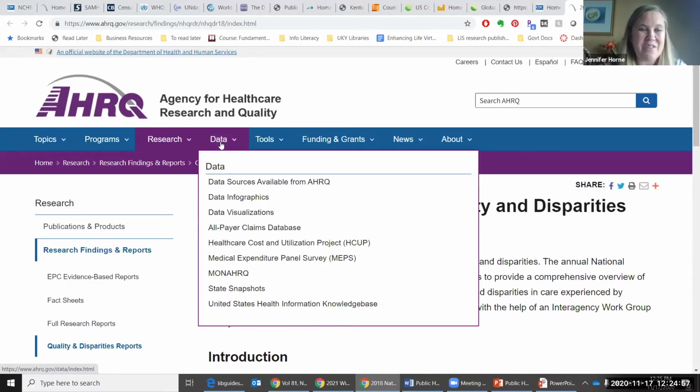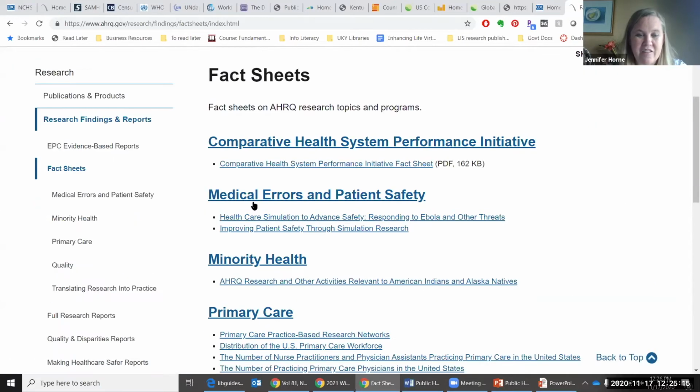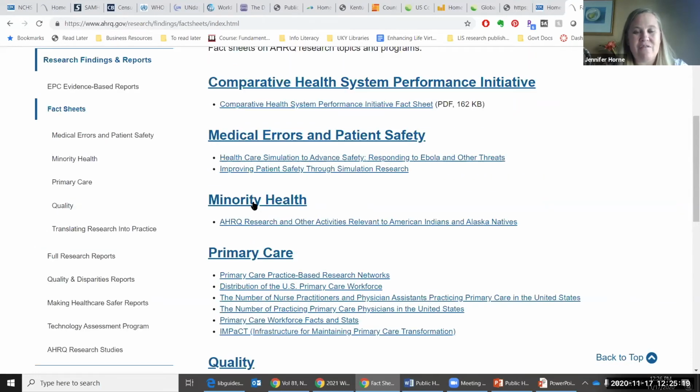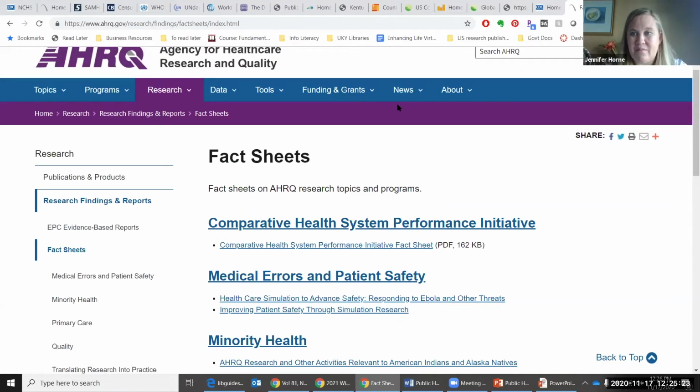Pretty much whenever you go to a government or even an organization website, you're looking for a tab that says data or a tab that says research or publications, because that's where they're going to be sharing things. You can really get into what their fact sheets are about: medical errors, minority health, primary care. So AHRQ is really the agency that is focused on the care people receive.